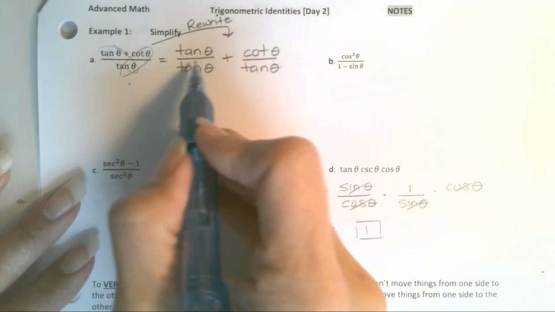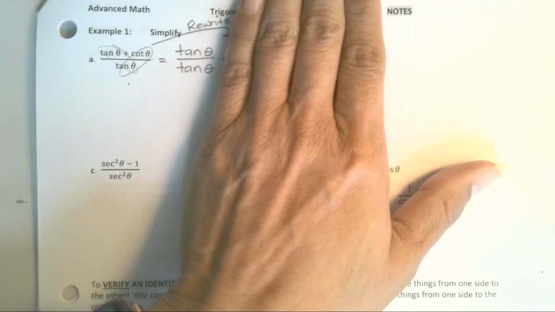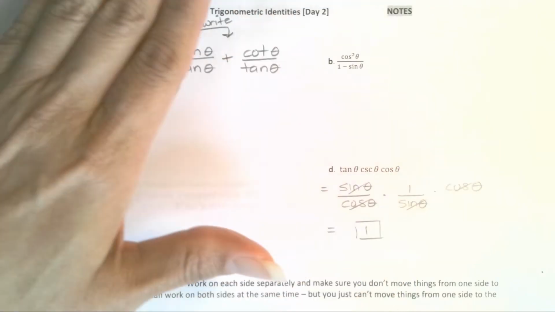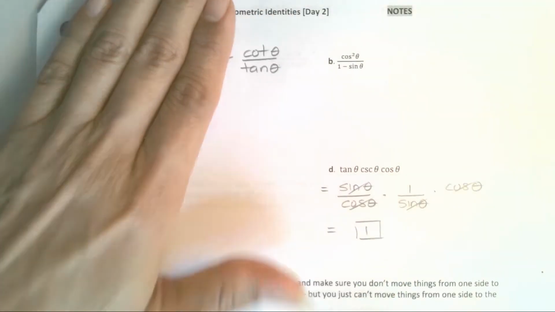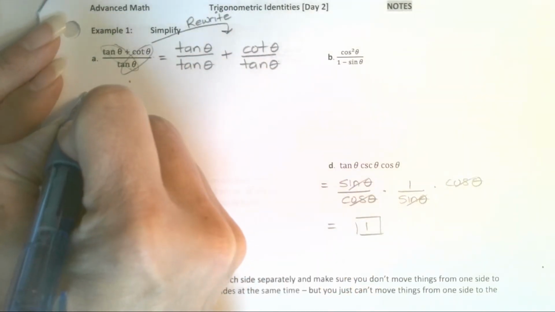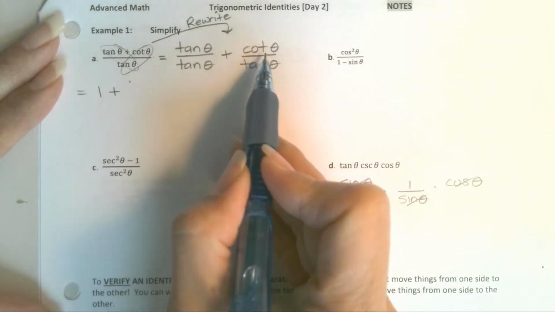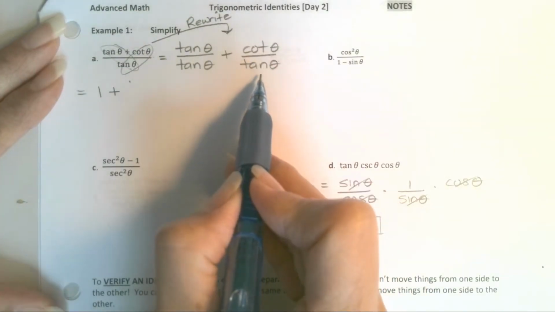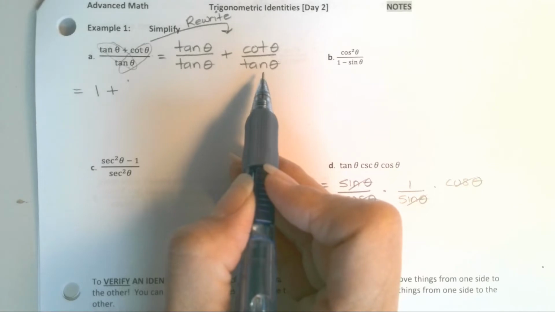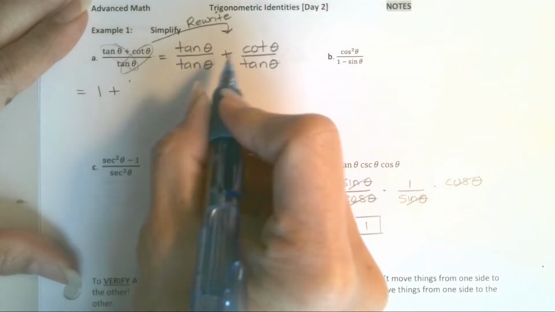Once you split it into 2, you then can visualize them as 2 separate problems, just like you did in the first section. That's why we split it up, so that you can see them as 2 different problems. What is tangent over tangent? 1. Good. Plus, now we have cotangent theta over tangent theta, which we broke up in day 1 type problems, right?